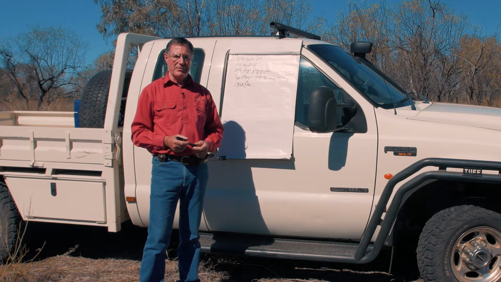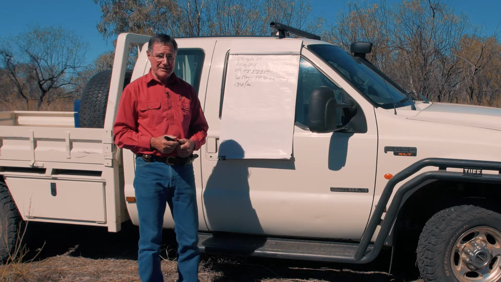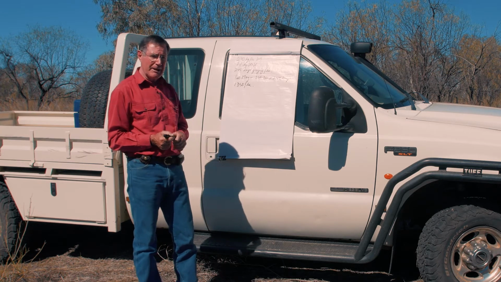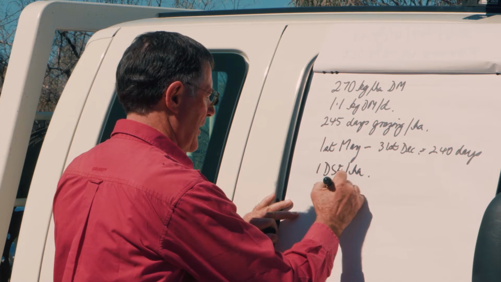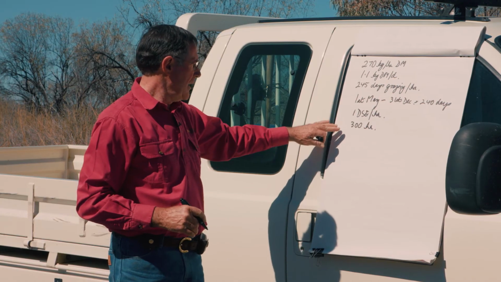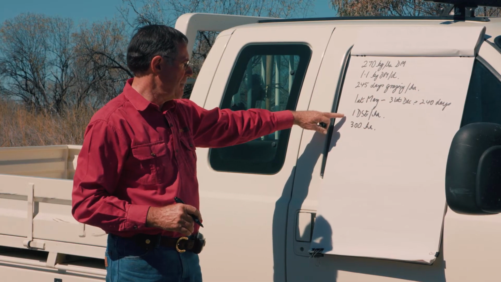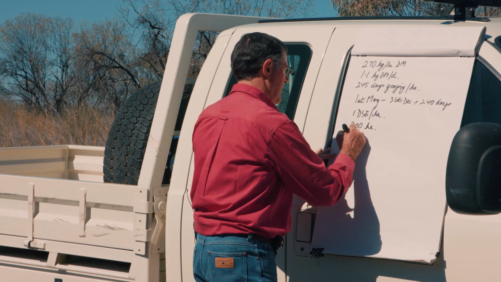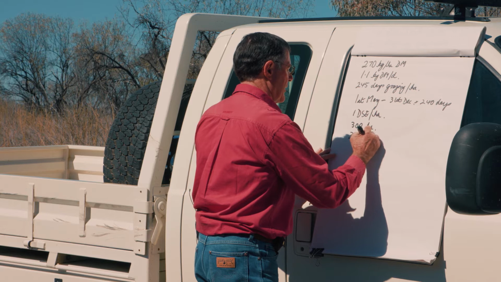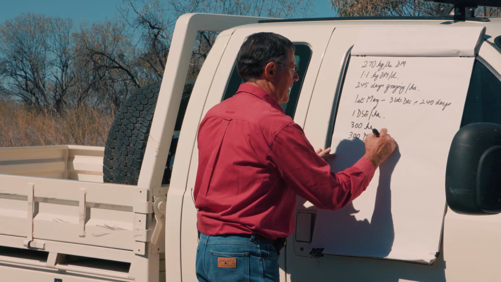So having done that, we now need to know what size the paddock is. And in this instance, the paddock is 300 hectares. So what that's telling us is we can run one DSE per hectare, then we can run a total of 300 dry sheep equivalents in that paddock.